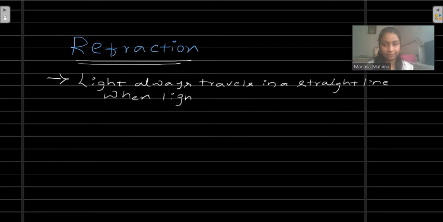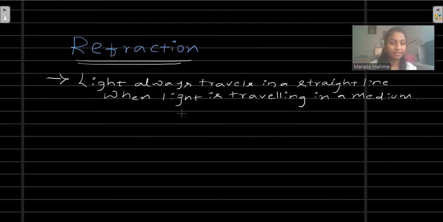When light is traveling in a medium, see, when light is traveling in air, how can you see the light rays to be? Light rays to be moving in a straight line. The light always travels in a straight line. That is one property that we know, right?